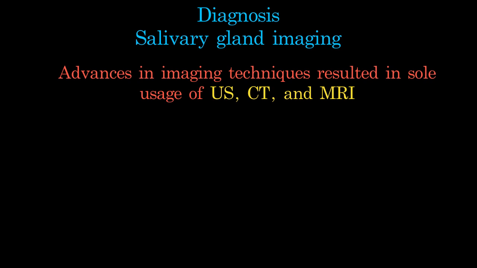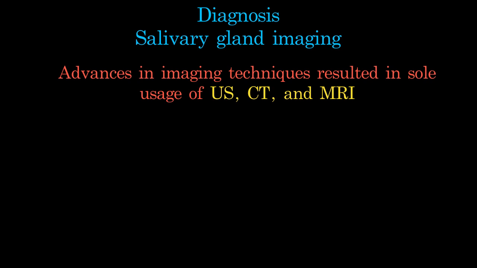All these investigations are very invasive, and now they are obsolete. Why? Because now we have other modalities that can replace them, that are minimally invasive, much easier, more accurate, and will give us more details about anything that we need.